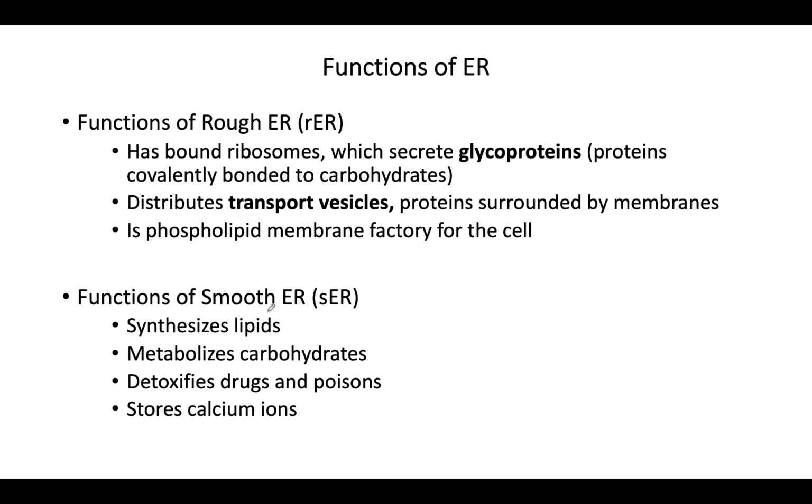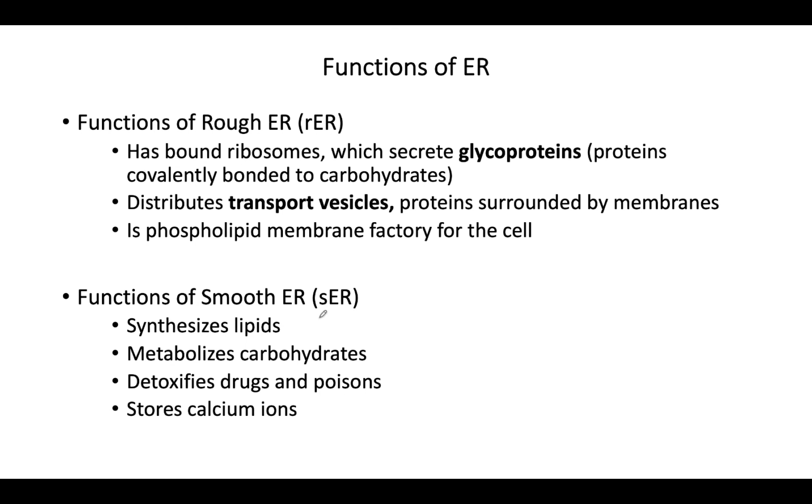SER does not produce protein. Rough ER has ribosomes, and ribosomes are the site where protein can be manufactured. Therefore, rough ER secretes glycoprotein. Glycoprotein can be manufactured in rough ER because rough ER has ribosomes.